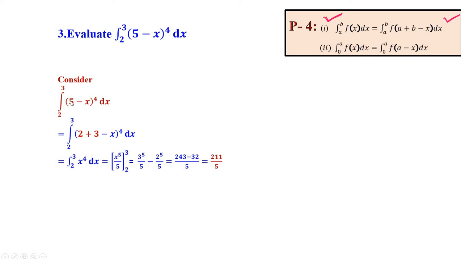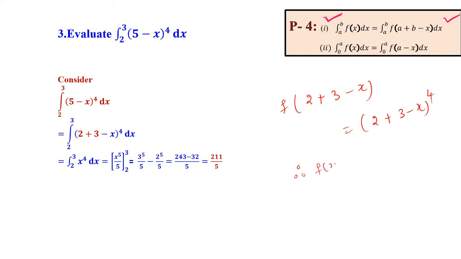We can easily see that this 5 we can write as, taking 2 and 3 as a and b, a plus b minus x. So your function f of a plus b minus x is nothing but 2 plus 3 minus x to the power 4. According to this, it should be f of x, so f of 2 plus 3 minus x is 2 plus 3 minus x to the power 4.